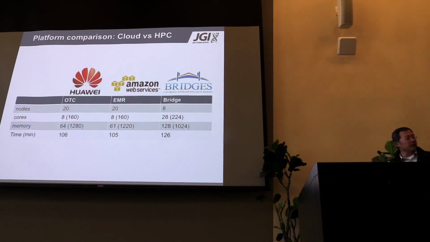We also compared the performance on the 2 cloud environments, Huawei's OTC and Amazon's EMR, and compared to an on-demand Spark cluster running on Bridges. It turned out that for the same size of data, the time required to solve the problem is comparable. We were so glad to see this result because we have a partnership with NERSC.